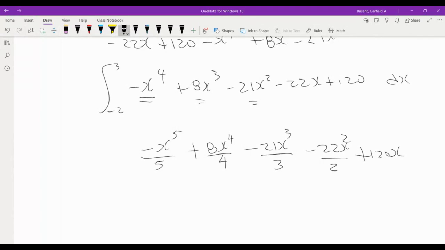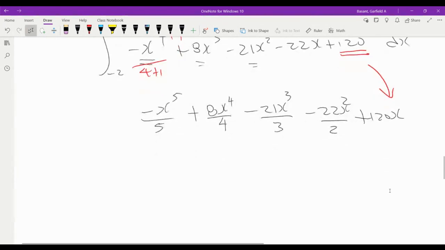Is everyone okay with that antiderivative? Is there anything I need to go over? All I did was add 1 to the exponent and divide by the new exponent, right? It's just rule number 2. Here on the end, since this is a constant, all we did was add the x to the end.